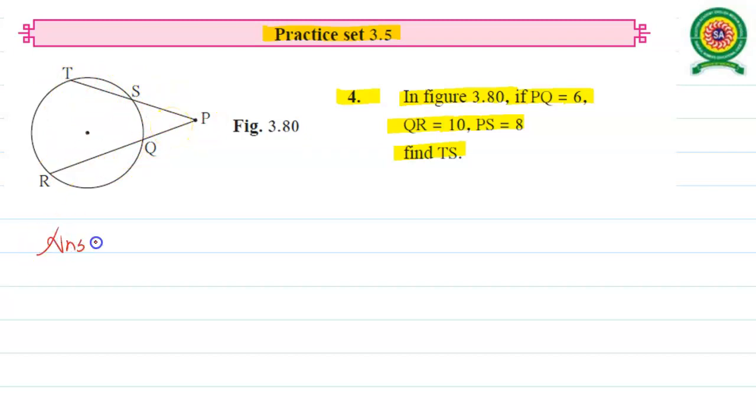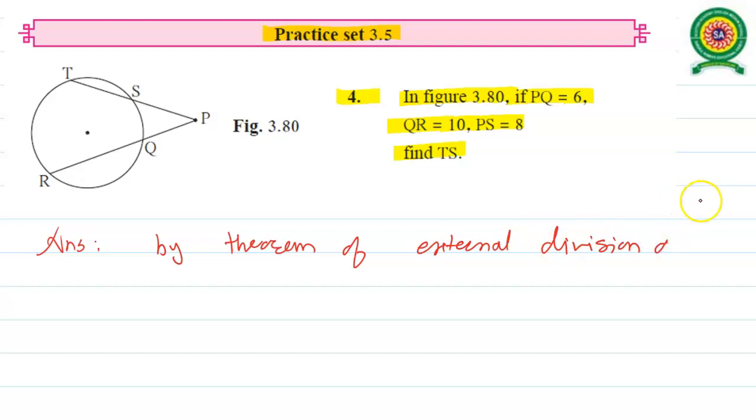Once they are intersecting at point P, and P is the exterior point of the circle, by the theorem of external division of chords, as per this theorem, TP into PS equals overall PR into PQ.